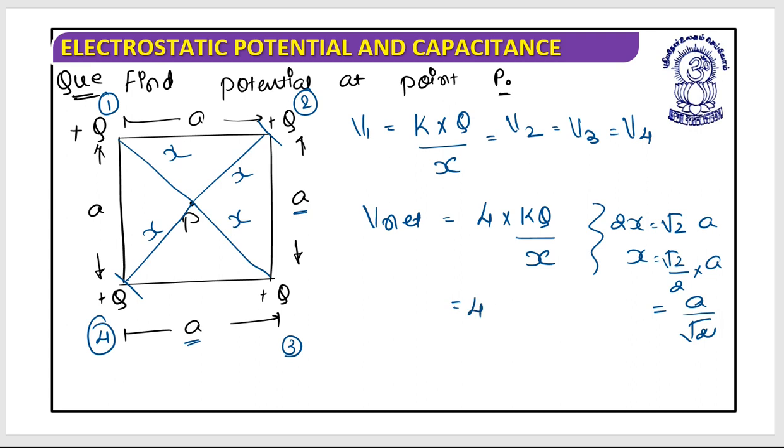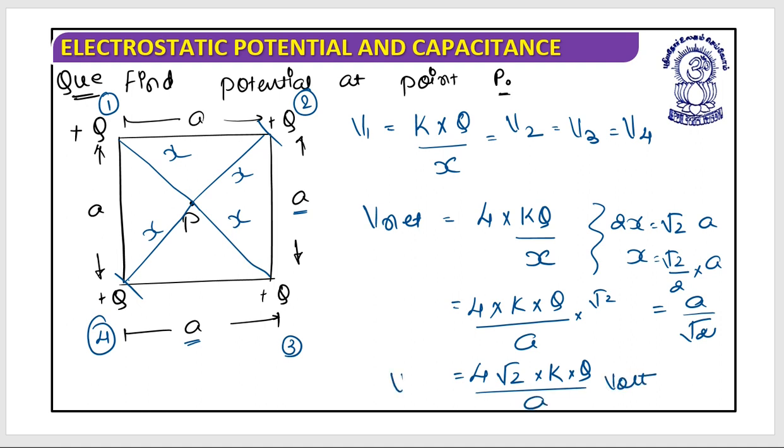So 4 multiplied by k multiplied by q divided by x, with x being a by root 2, gives 4 root 2 kq divided by a. This is V net.